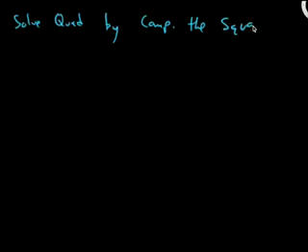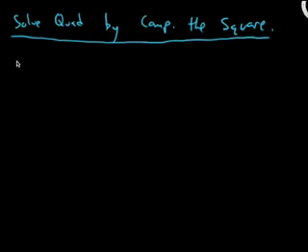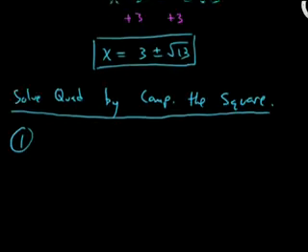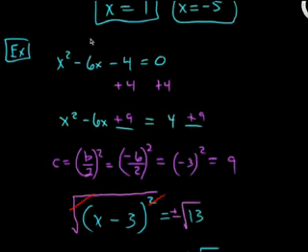So, solving a quadratic by completing the square. These were our steps, and I'll refer to the previous example as I do it. So step 1: oftentimes when we're given a quadratic equation, we try to set it equal to 0 to factor.